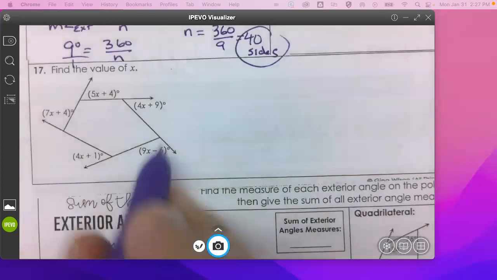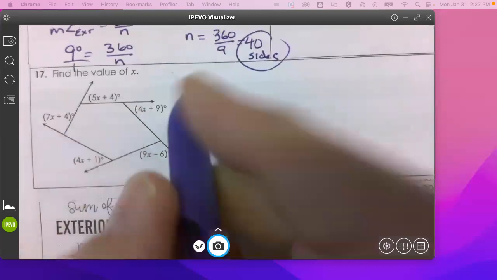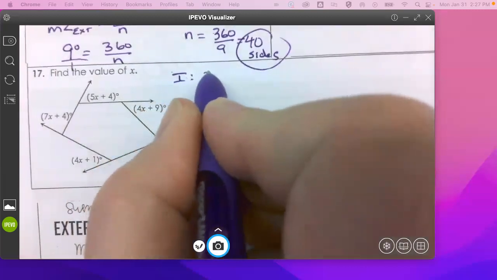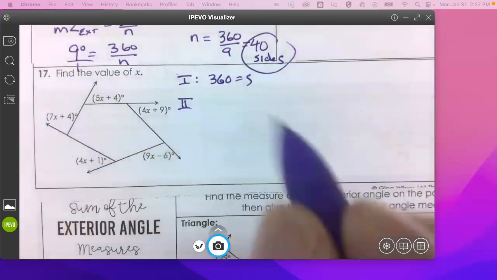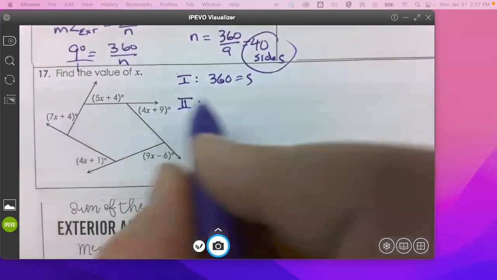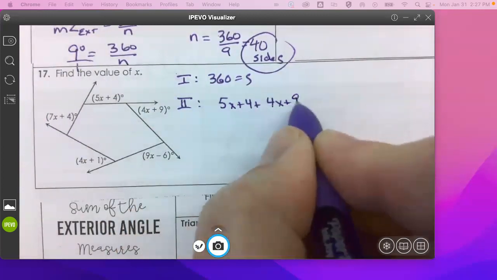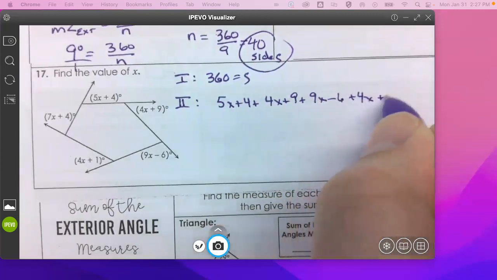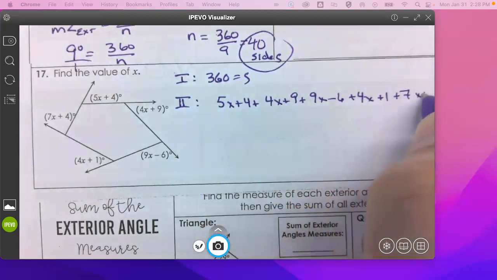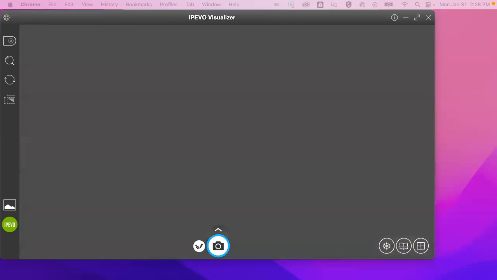So what's the sum of all the angles in the exterior of a polygon? 360. So our first thing is to say 360 is the sum. Step two then is to say, okay, so what adds up to that? Just like we did last class. In this case, it's 5x plus 4, plus 4x plus 9, plus 9x minus 6, plus 4x plus 1, plus 7x plus 4, equals the total, which we said is 360.